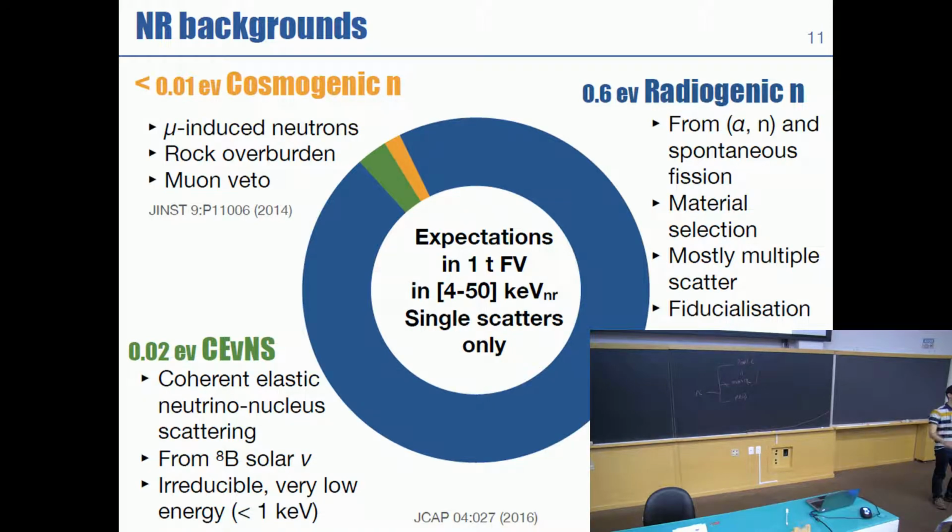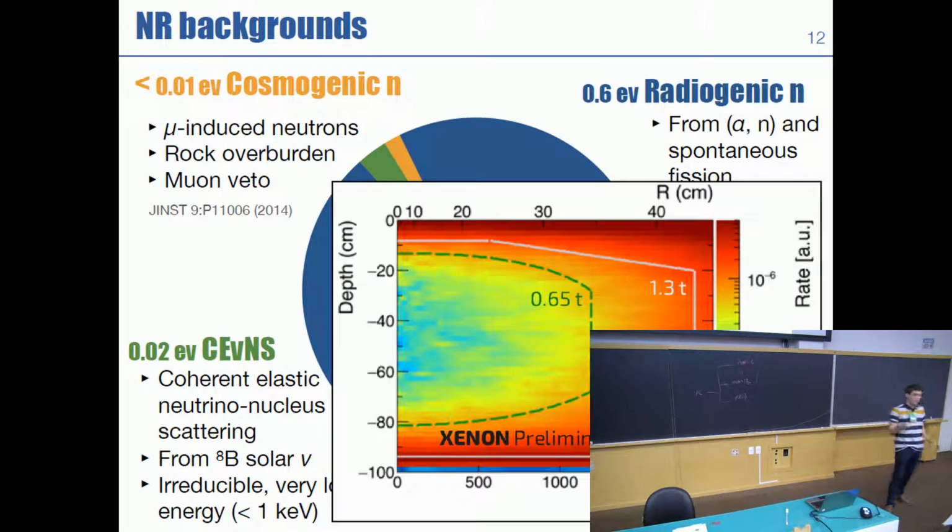Again, we can only select materials that tend not to produce these radiogenic neutrons so much, so we have careful screening of the materials. But also, if we choose carefully our fiducial volume, we can reduce the rate. So this plot again I have a bit later, but in the very center of the detector, we have much lower rate of these radiogenically produced neutrons. They tend to be really concentrated around the outside of the detector near the materials.